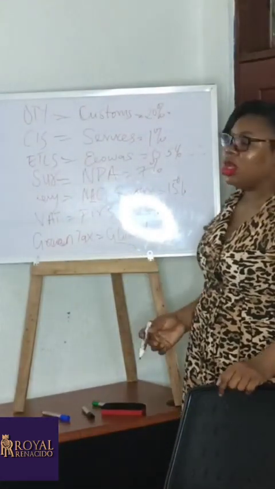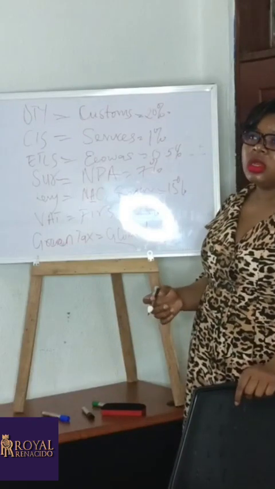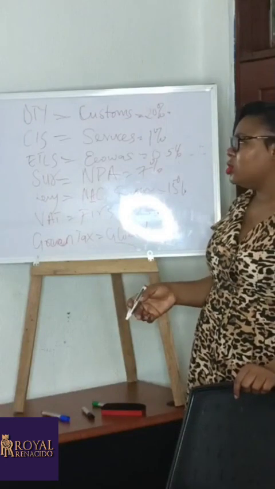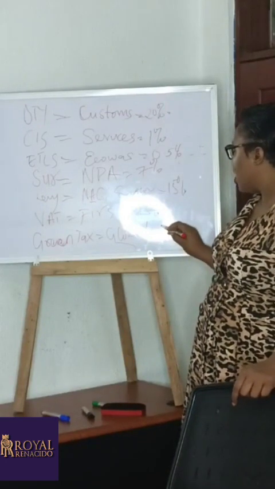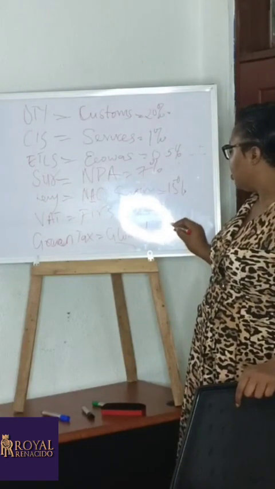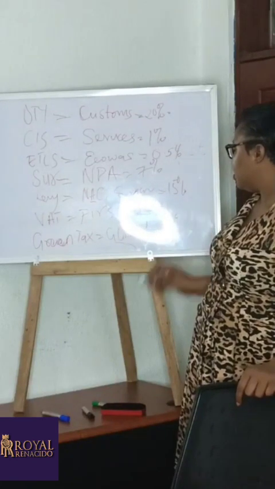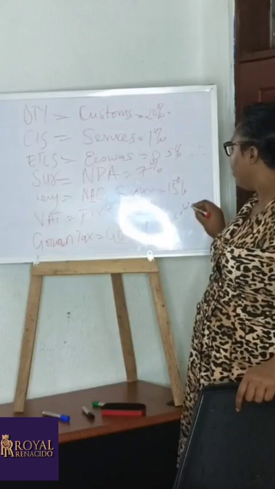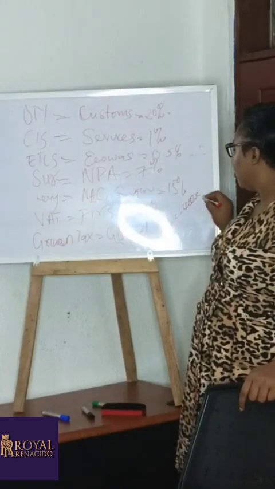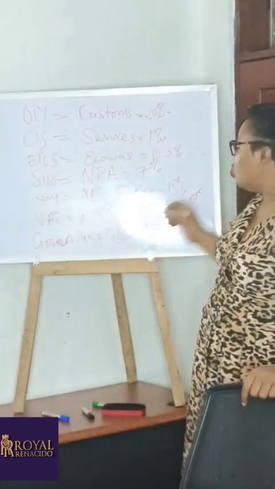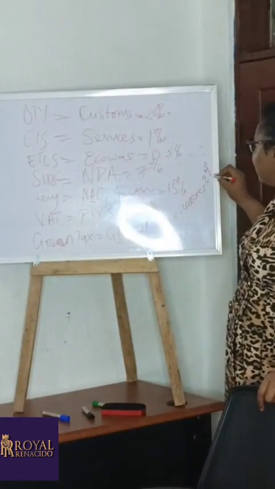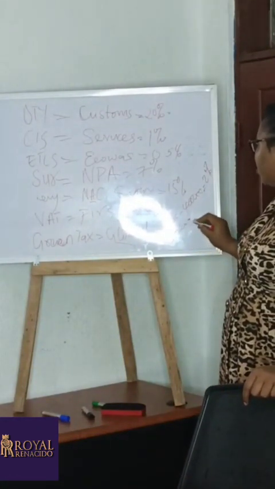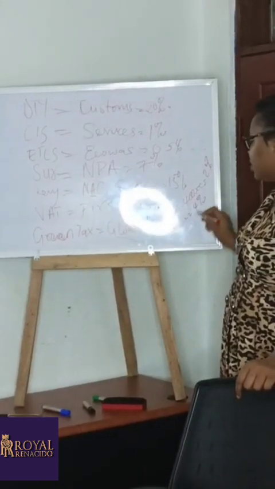So the green tax will be levied on cars from June and some other products that have been mentioned. For cars with 2,000 cubic centimeter engine volume to 4,000 cubic centimeter engine volume, we pay 2%. For 4,000 and above, it will be 4%.